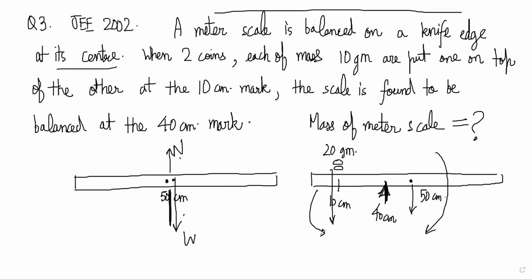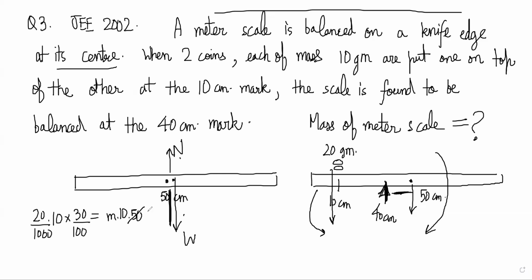So technically, 20 by 1000 times 10, this is mg for the 20 gram thing, times 30 by 100 for the 30 centimeter, should be equal to the mass of the scale, m, times 10 times 10 by 100, since the distance is 10 centimeter from here.